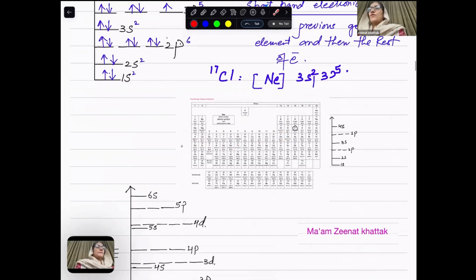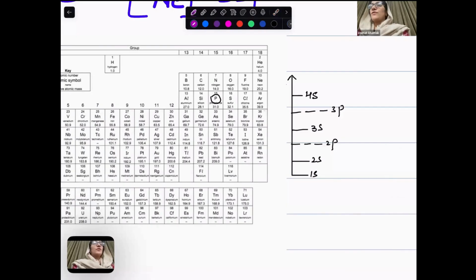But first, phosphorus, 15 electrons. One electron goes here. What about the second electron? It will pair up rather than go into 2s. It prefers the low energy, although it is repelled; it will not go to the higher energy orbital.